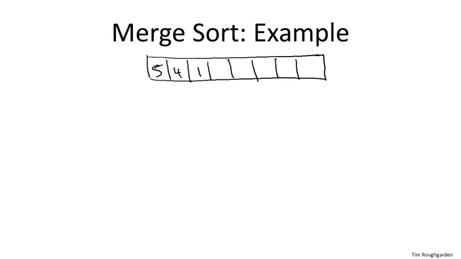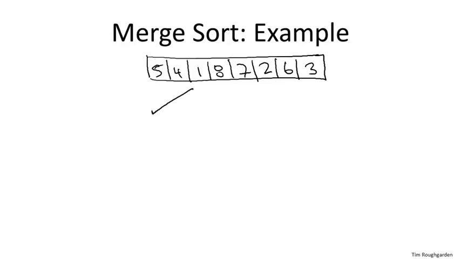Okay, so the merge sort, its purpose in life is to sort the given input array. So it's going to spawn off calls of itself on smaller arrays. And this is going to be a canonical divide and conquer application where we simply take the input array, we split it in half, we solve the left half recursively, we solve the right half recursively, and then we combine the results.